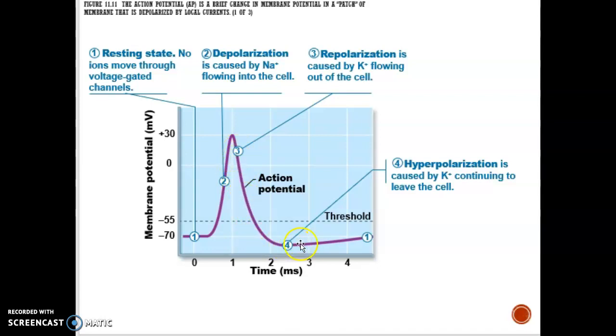Then I go into a hyperpolarization phase because too much potassium got out. Then we come back to a resting membrane potential because of the leakage channels allowing potassium to come back in. This brings us back to a resting state, where you'll notice we're back at number 1. This is back at my resting membrane potential.